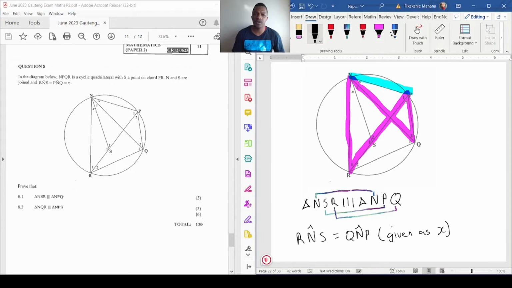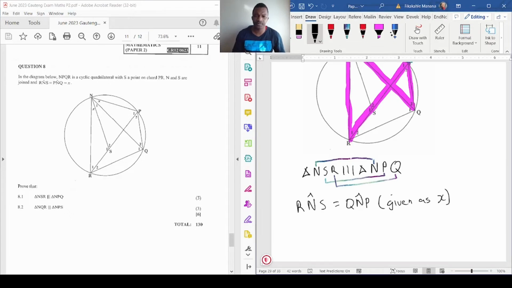So therefore, I can conclude that R1 is equal to Q2. And the reason is same chord, or same segment. You must name the segment. It's the chord NP.